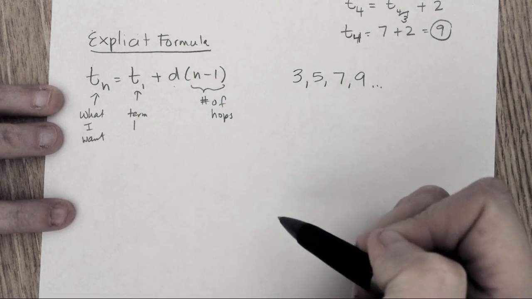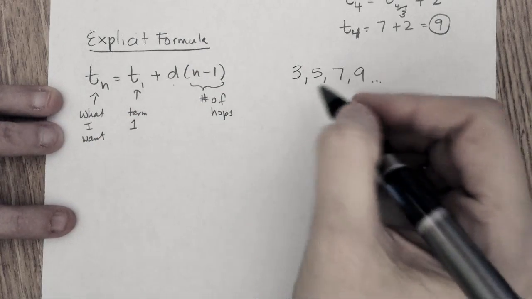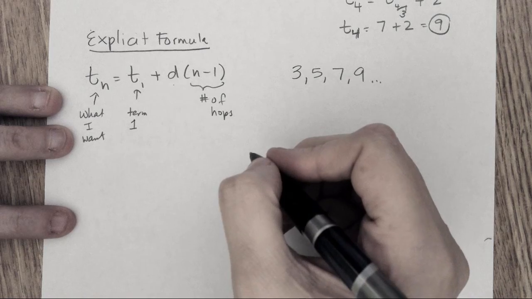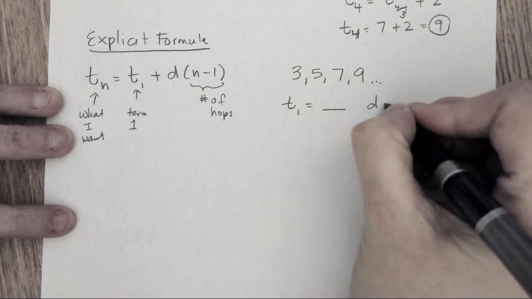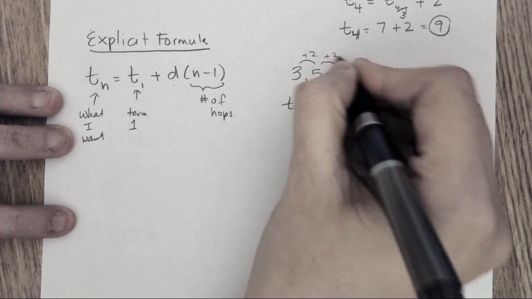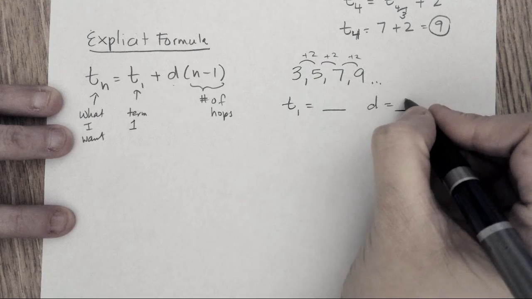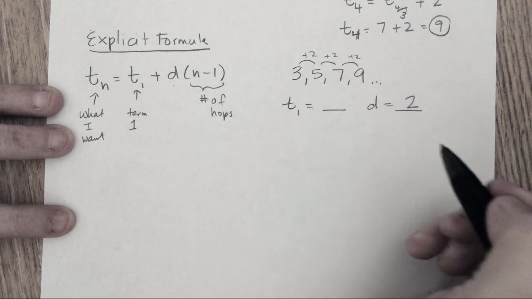Anytime they want me to write an explicit formula, I need to know what T1 is, and I need to know what D is. In this case, D is 2, because I add 2 to each term to get to the next term.